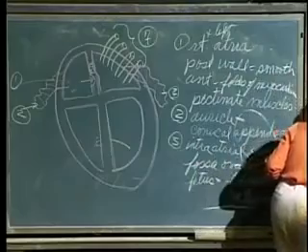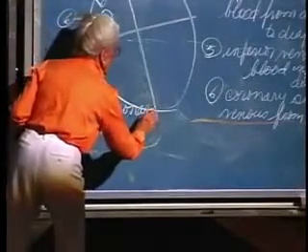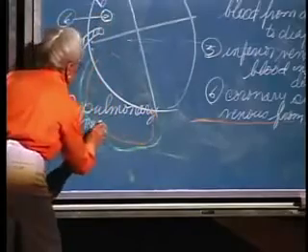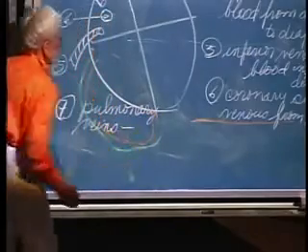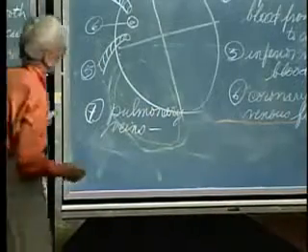The pulmonary veins are bringing oxygenated blood from the lungs to the left atrium.